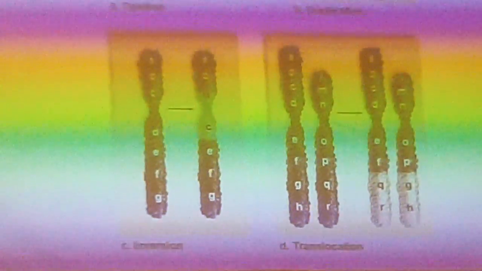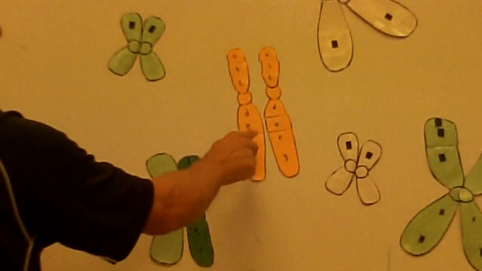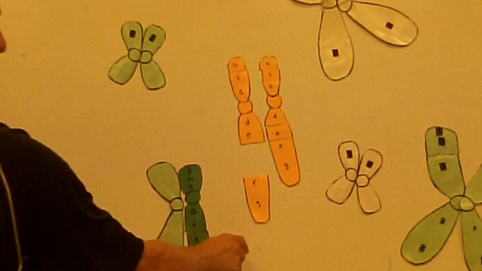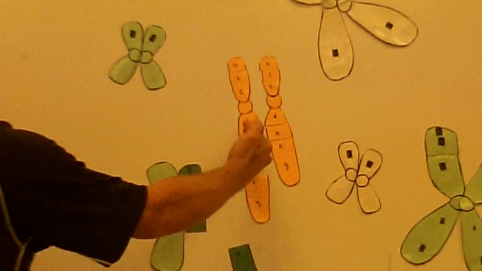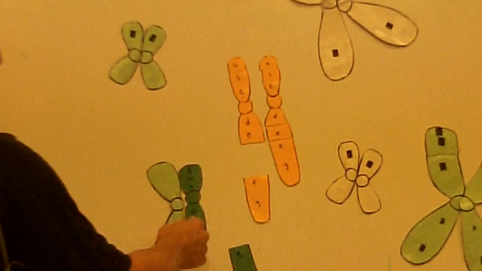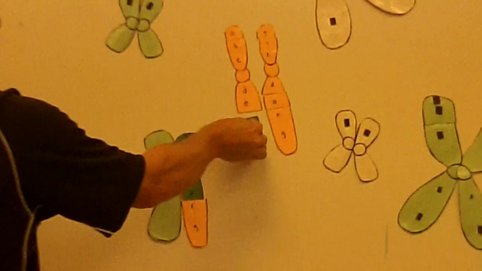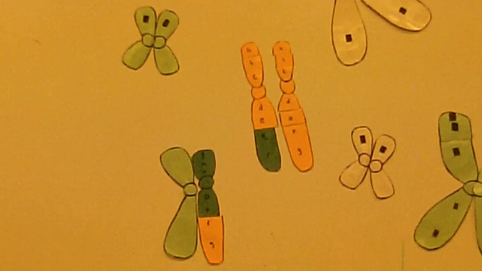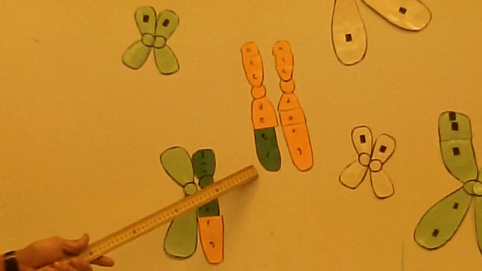And finally, a translocation. This is a real interesting one. Here's a translocation. When a piece comes off of one chromosome and a piece comes off of another non-sister chromatid and switches, that'd be like you're reading along in your biology book, and then there's some history pages in there.